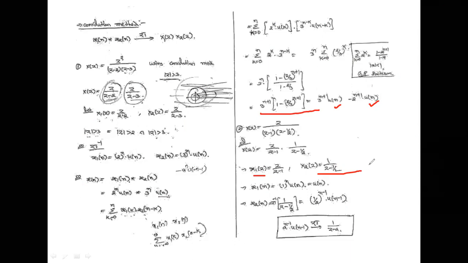Remember this one: a power n minus 1 mu of n minus 1 is 1 by z minus a. This is also a standard function. So we get 1 power n mu of n for the first one, and the second one is 1 by 2 whole power n minus 1 mu of n minus 1.